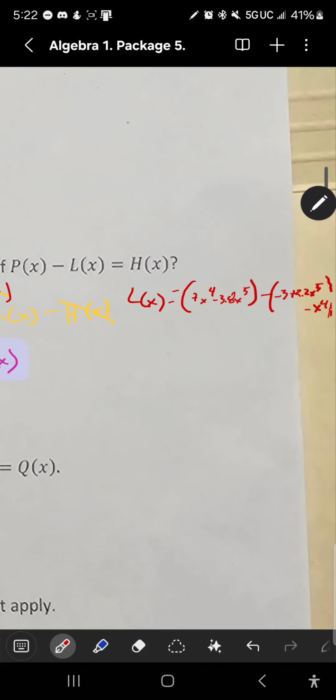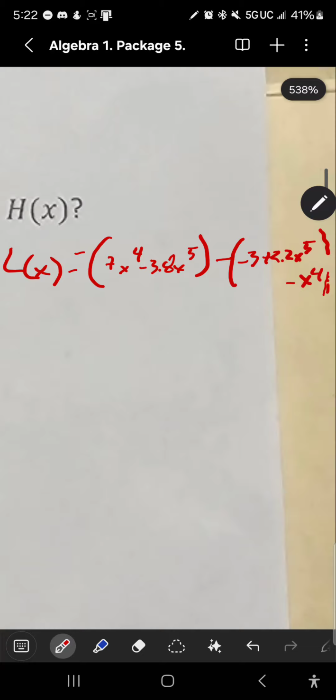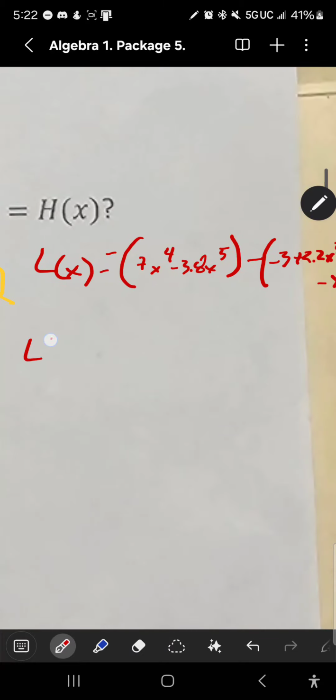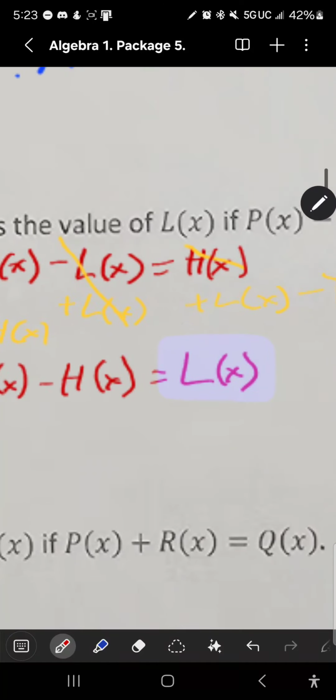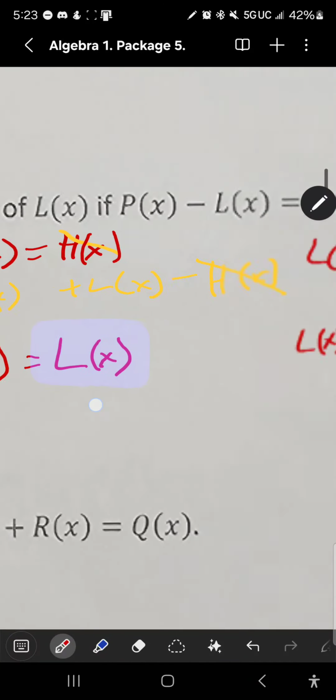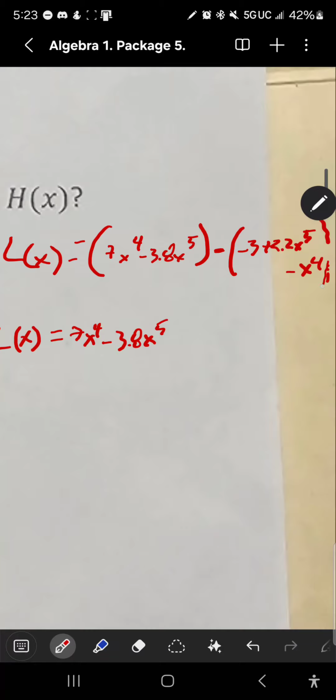Now, remember what I said in the last class, last week? Every time we have two parentheses, we keep the first one like it is. So it will be 7x to the 4 minus 3.8x to the 5. Now we have a negative sign right here, so we need to change the sign of all the numbers in the other parentheses.